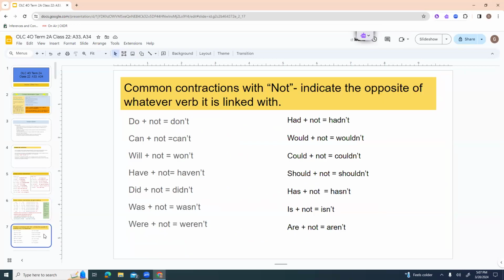Okay. Now, common contractions can also be linked with the word not to indicate the opposite of whatever the verb it is linked with.